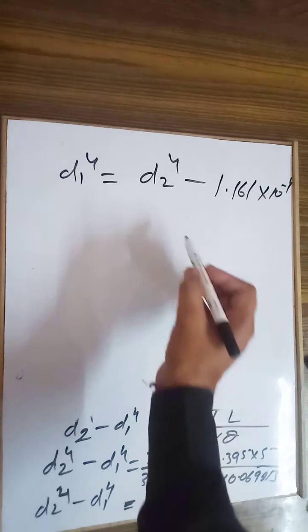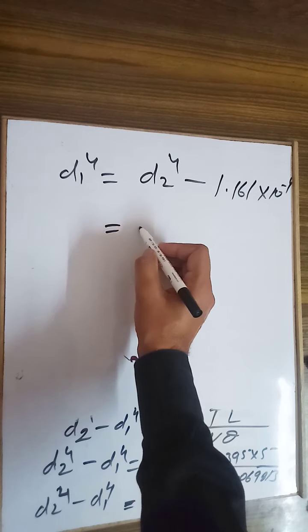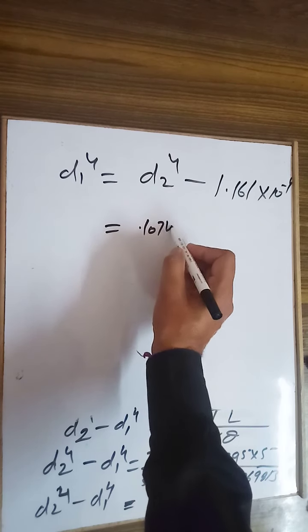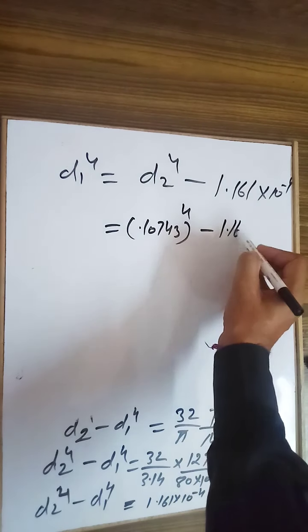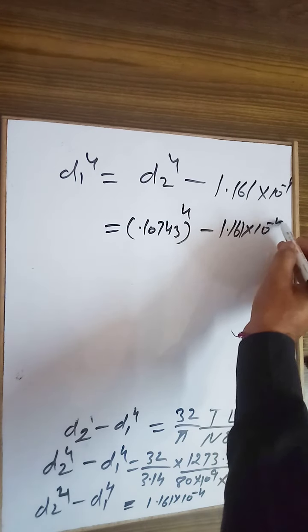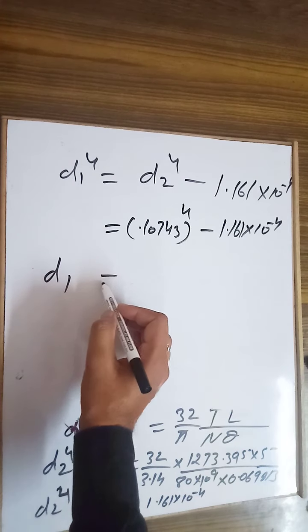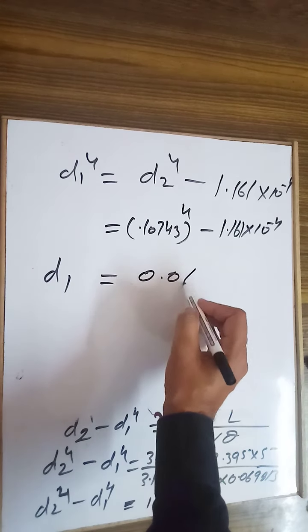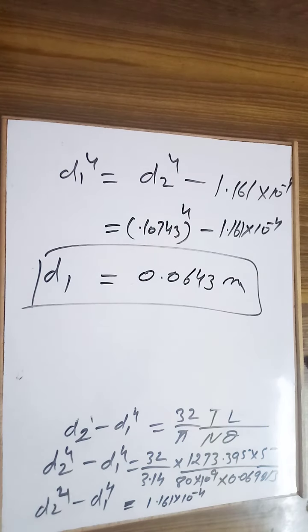So we put the value of D2, 0.10743 to the power 4, minus 1.161 into 10 to the power minus 4. On solving this you will get the result of D1, and that will be 0.0643 meter almost. You may tally or verify all the values.